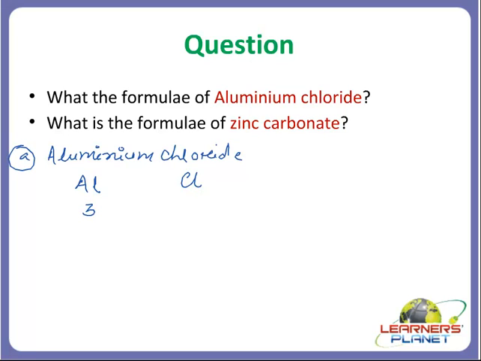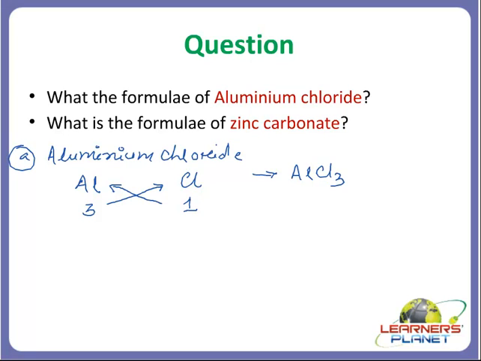The valency of aluminium is 3. The valency of chlorine is 1. What I have to do is cross multiply. What I'll get here is AlCl3. So what is the formula of aluminium chloride? It is AlCl3. Okay, students.